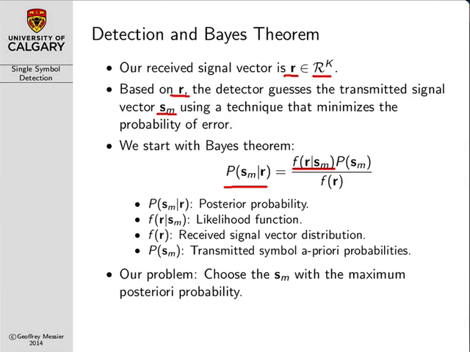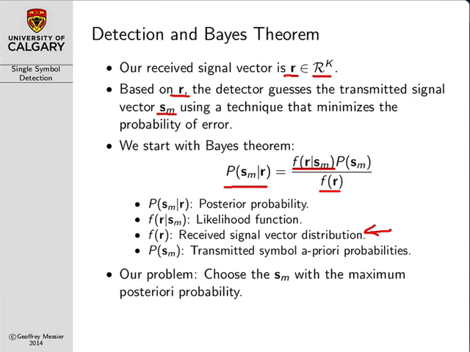The third element we have in our Bayes theorem expression is another PDF, and it's the distribution of the received vector R. Now, students sometimes get confused about the difference between the likelihood function and this second PDF, which is just the received signal vector distribution.